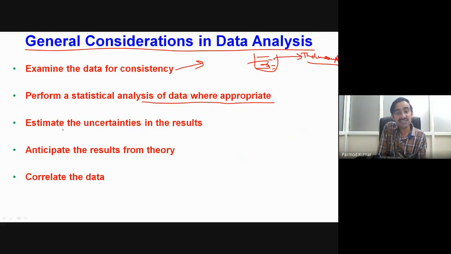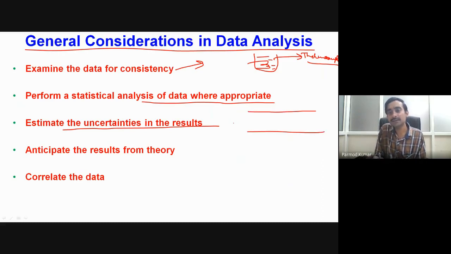Then we should estimate the uncertainties in the result. This is a very important point. For example, if we have a pipe and inside this pipe there is a flow of fluid, and we are measuring the flow rate with the help of some device, this device has some uncertainty. Say, based on this flow rate data, we theoretically calculate the value of pressure drop.